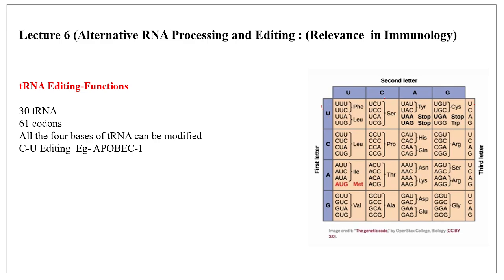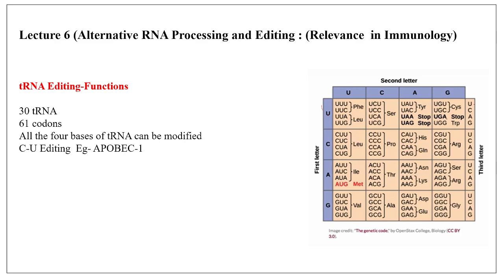Here comes UCU, UCC, UCA, UCG. So this is the first letter, this is the second letter, this is the third letter. In this box, the first, second, and third letters... the third letter changes. All the first and second letters are the same in this box, and the third letter is changing.